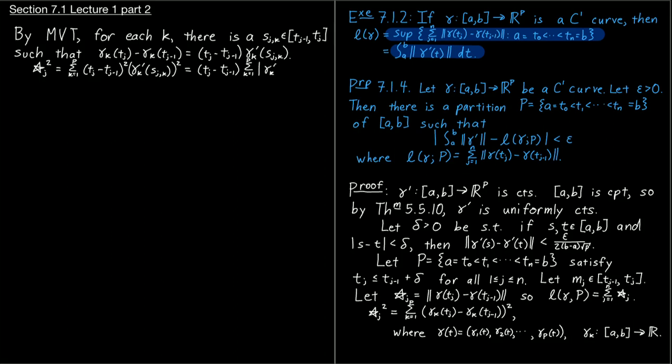And let me put absolute values there, not because we really need them, we're squaring a real number, but just because they don't look like parentheses. And I'm going to be writing this a couple of times. So let's let the vector vj be gamma 1 prime of sj1, gamma 2 prime of sj2, all the way up to gamma p prime of sjp.